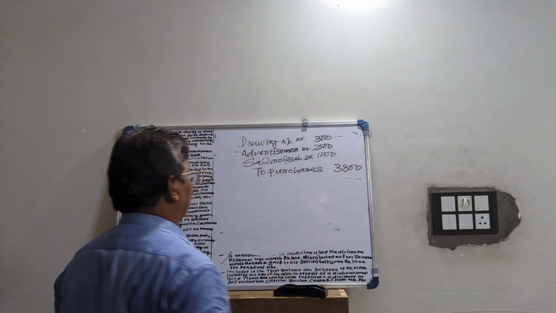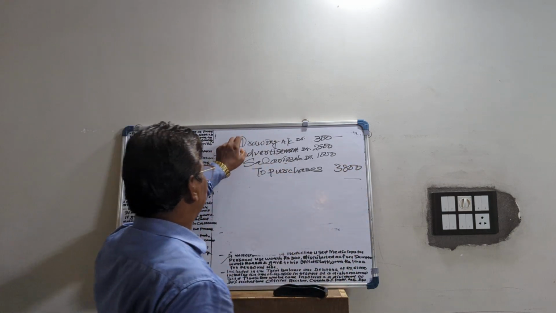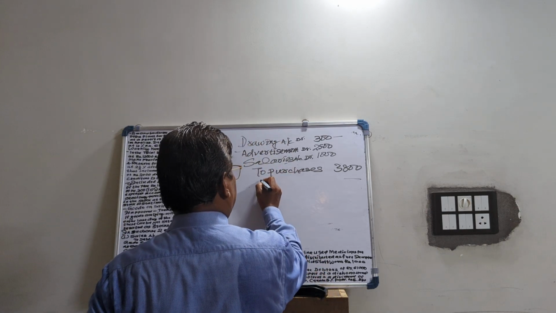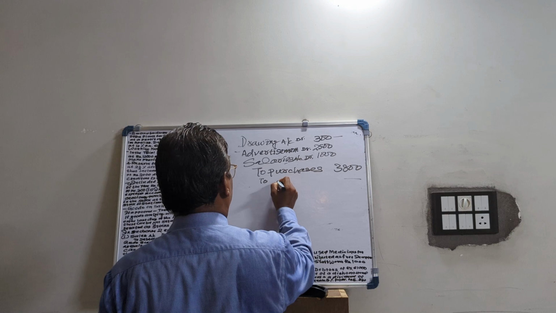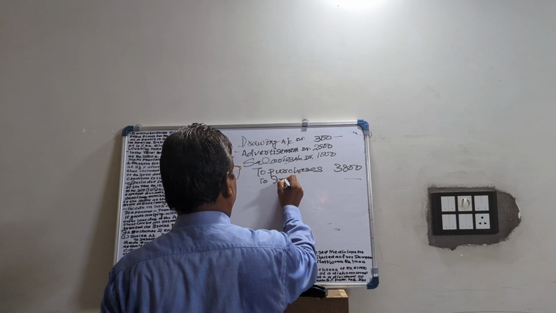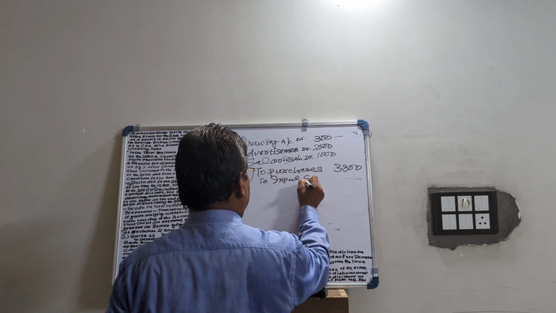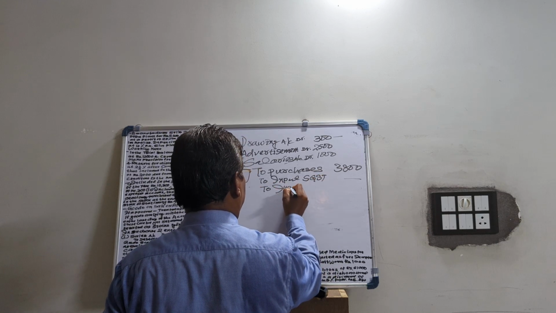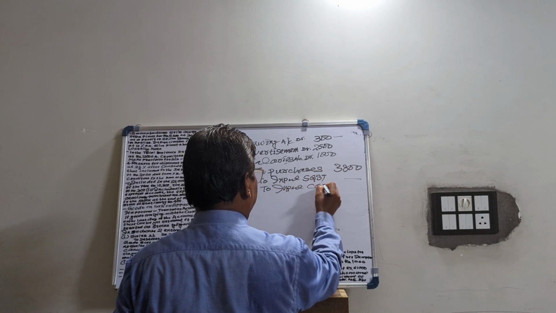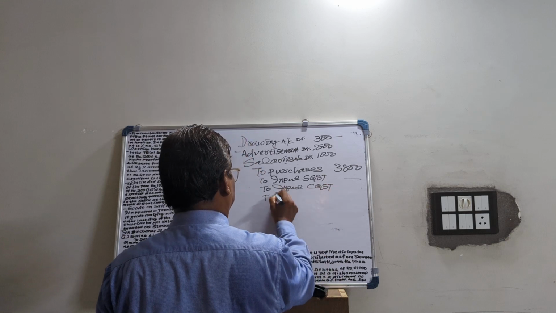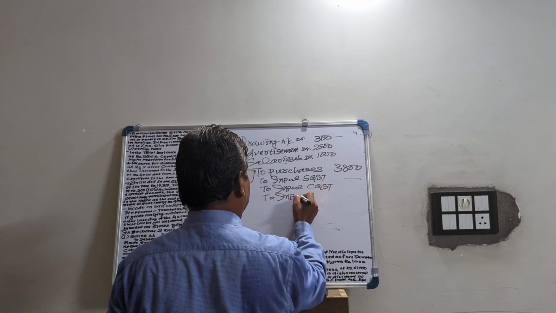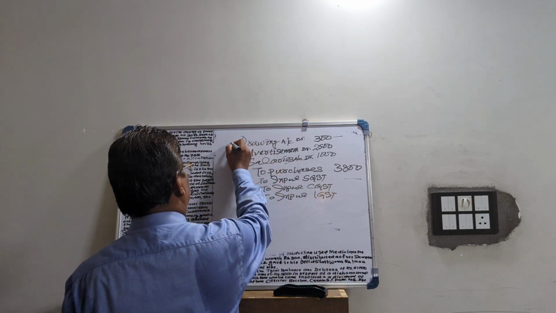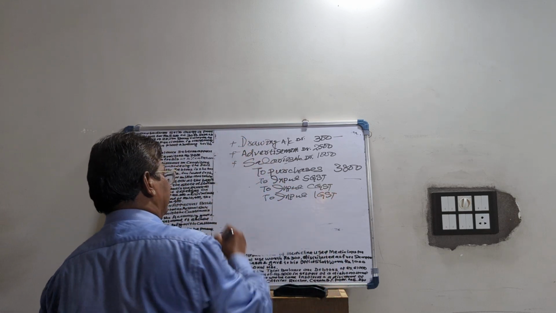If GST is included here, then accordingly GST will be debited to respective heads. Suppose GST is there, that is to input SGST, to input CGST, and if interstate, then input IGST. Then the portion of amount will be added here.